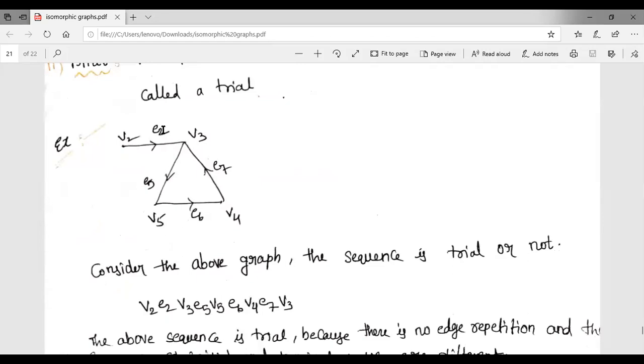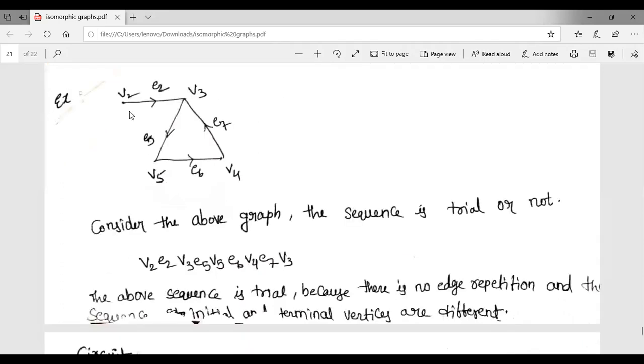V2, E2, V3, E5, V5, E6, V4, E7, V3. So the above sequence is a trail because there is no edge repetition, and the initial and terminal vertices of the sequence are different. That means it is an open walk. Okay.